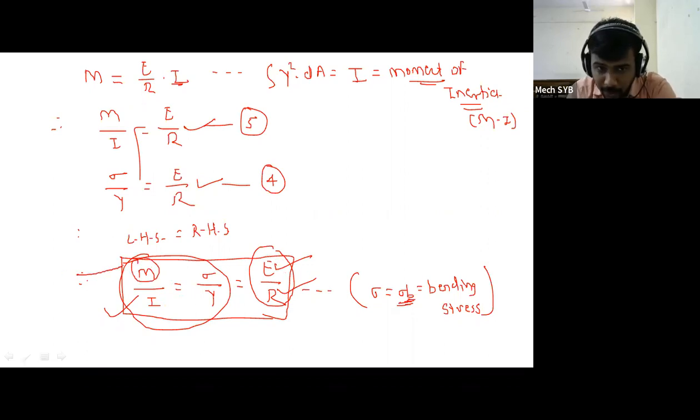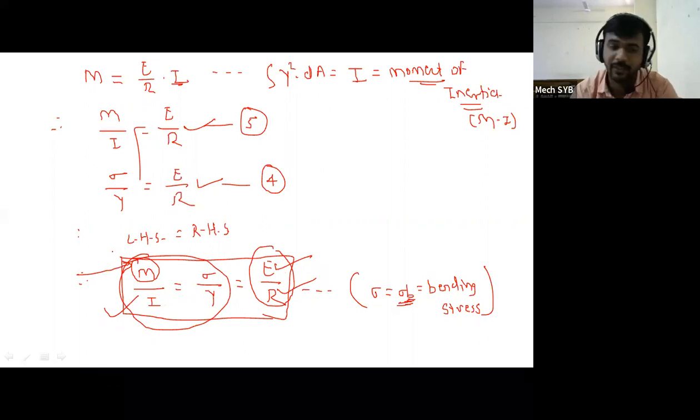And to calculate this particular M value, we need to recall the 4 formulas of M, the 4 formulae that we discussed in the first lecture, that is, the 4 standard cases. What are the 4 standard cases? Simply supported beam with point load at the center point. Then simply supported beam with UDL on entire span.